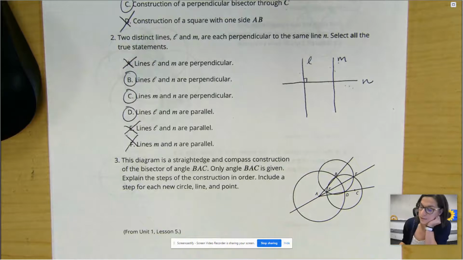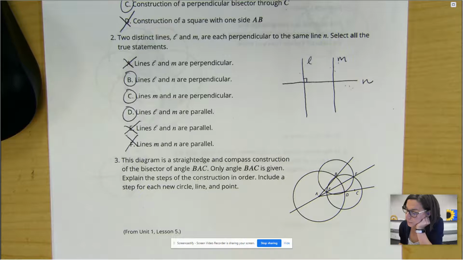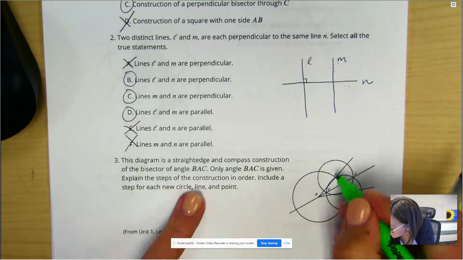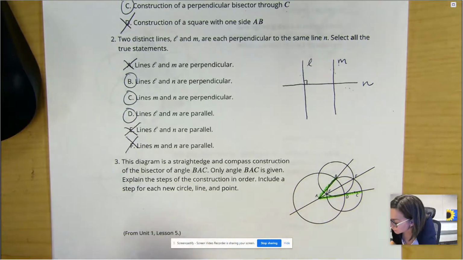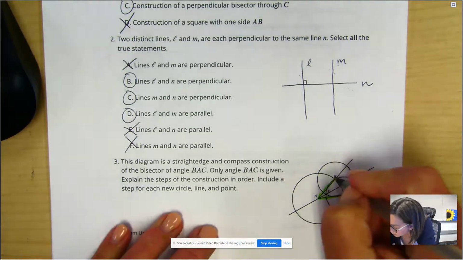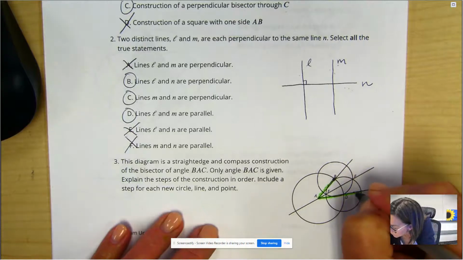The diagram is a straight edge and compass construction of the bisector of angle BAC. If only angle BAC is given, explain the steps of the construction in order. So if only BAC is given, try not to make this too long. What did we do?